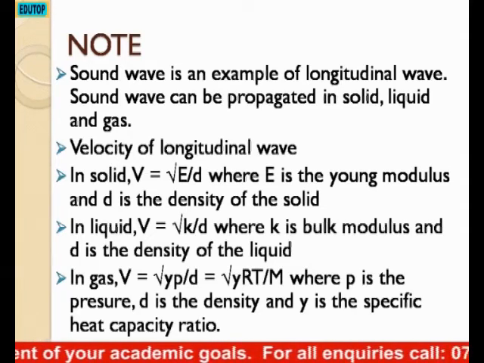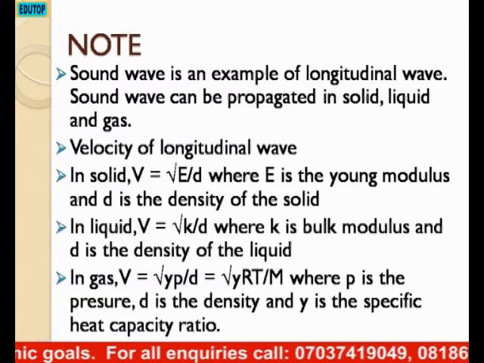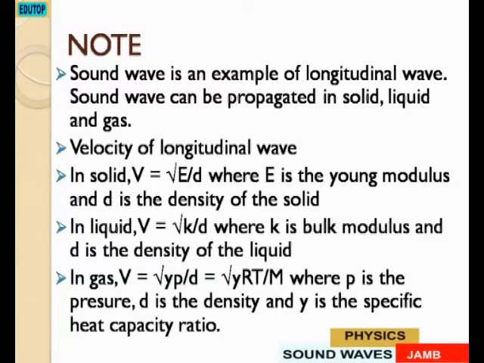For P, P is the pressure. The symbol looking like a gamma is the specific heat capacity ratio.